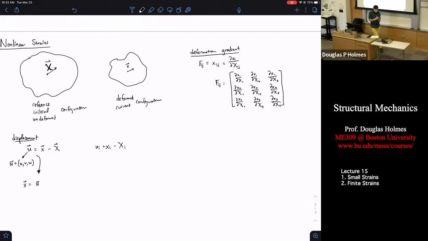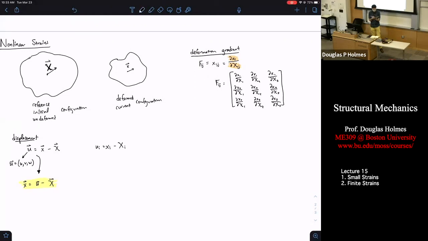You would write that U minus big X. And then we can think about how our definition of the deformation gradient was to take the derivative of x with respect to big X. And we can do that here now, but now we have a definition for x that's written in terms of displacement.